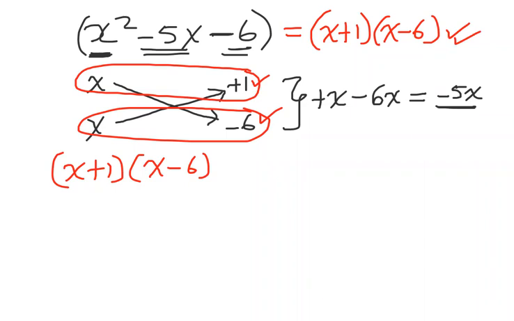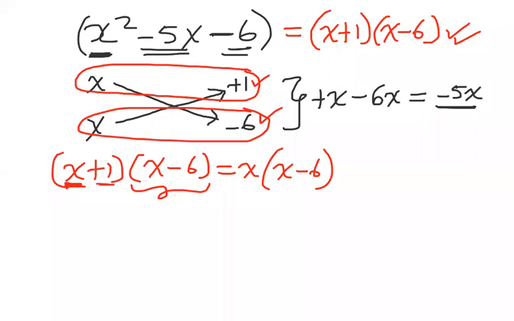It is important to check if your factorization is correct. The way we check is to expand this expression. I'll start with the first x, open a bracket and multiply it with x minus 6.